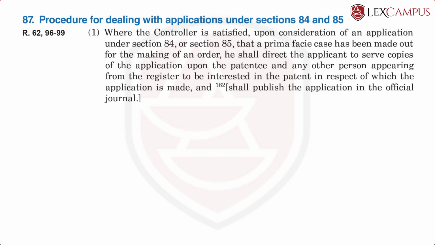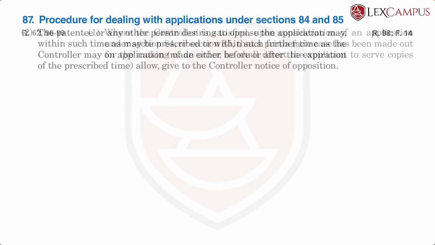So, when an application for compulsory license is filed and the controller is satisfied on the record that there is an arguable case, a preliminary case has been made out, the controller is satisfied by looking at the application, then the controller will ask the applicant to serve copies on the patentee and the persons whose name appear in the register, and shall publish the application in the official journal. 2.